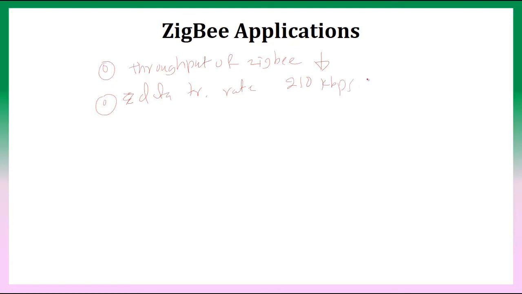So a ZigBee system is useful for applications where you don't want a higher data rate. If you can work with a minimum data rate, then this is the best option.